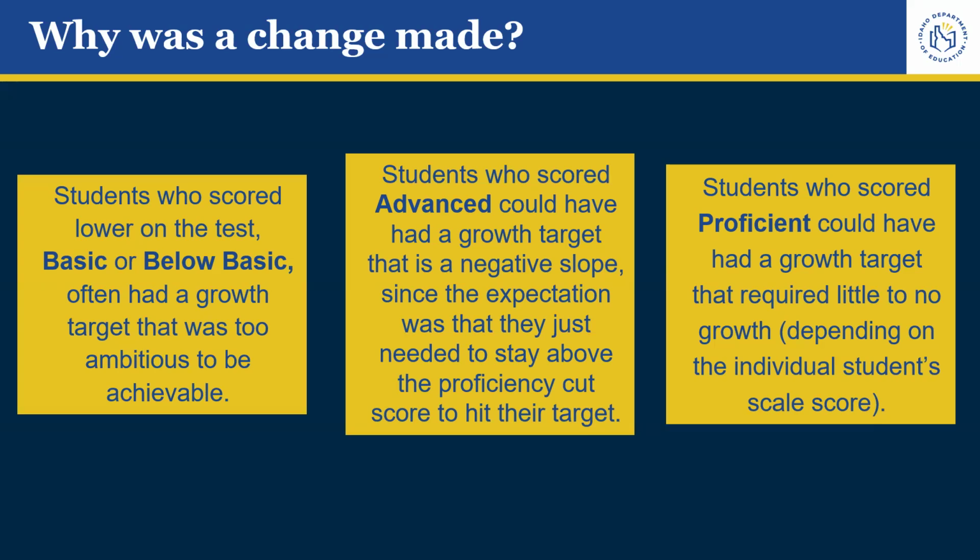Also in the former model, students who were scoring advanced could have had a growth target that was not rigorous enough, as they just had to maintain some level of proficiency to stay on target. Finally, students who scored proficient in the former model did not necessarily have to grow from year to year. The new model will hopefully provide the appropriate amount of challenge, rigor, and feasibility for students scoring in all categories on the ISAT.